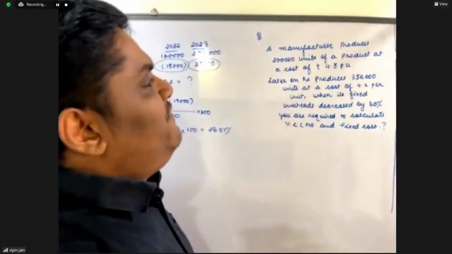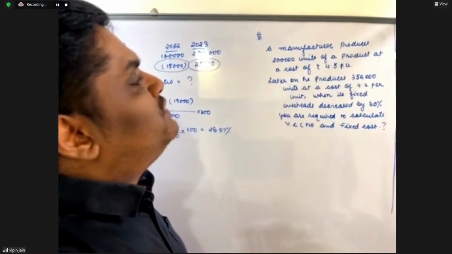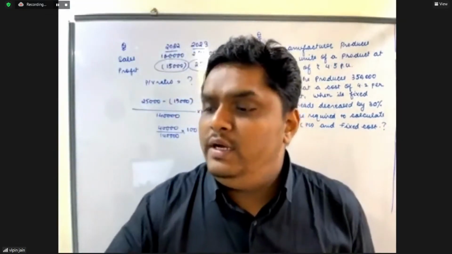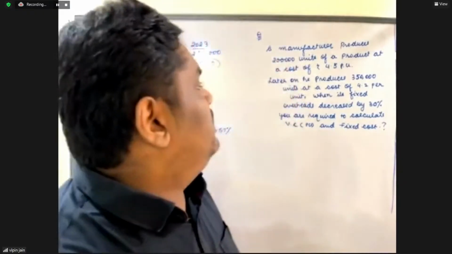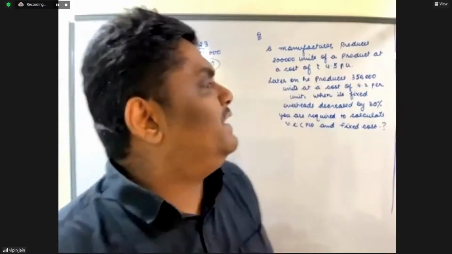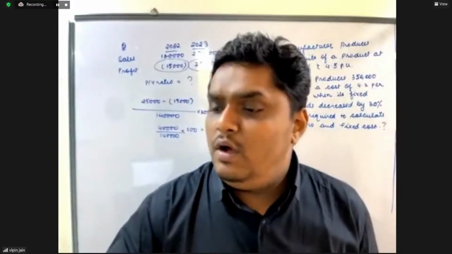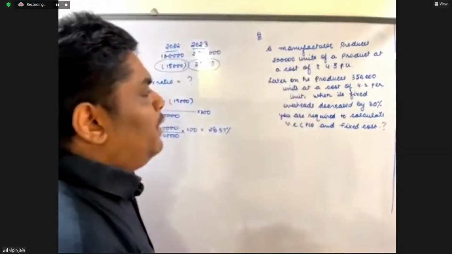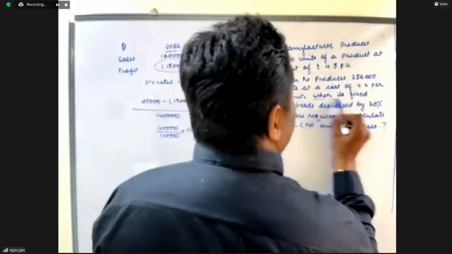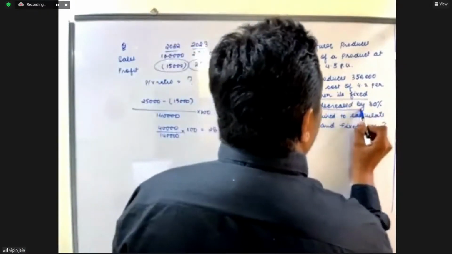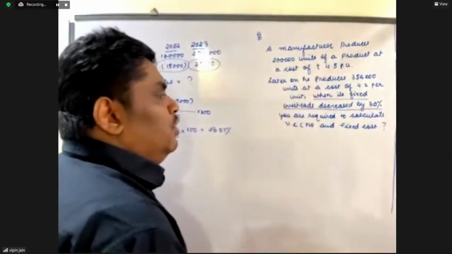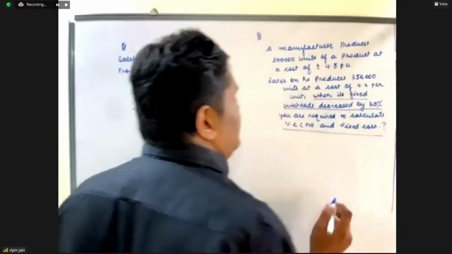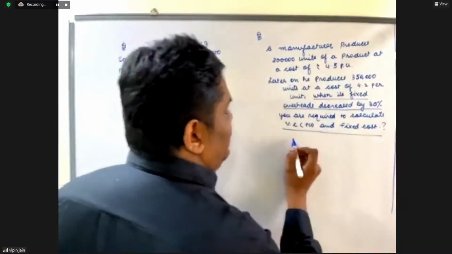I repeat again, a manufacturer produces 2 lakh units of a product at a cost of rupees 4.5 per unit. Later on, he produces 3,50,000 units at a cost of 4.2 per unit, when its fixed overheads are decreased by 30%. You are required to calculate variable cost per unit and fixed cost per unit, fixed cost in aggregate.